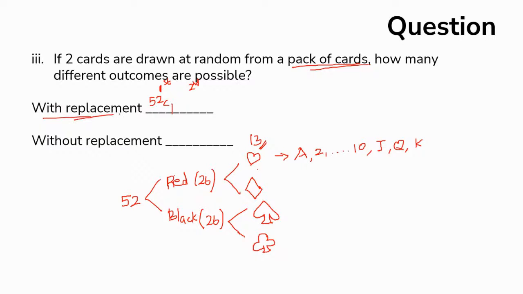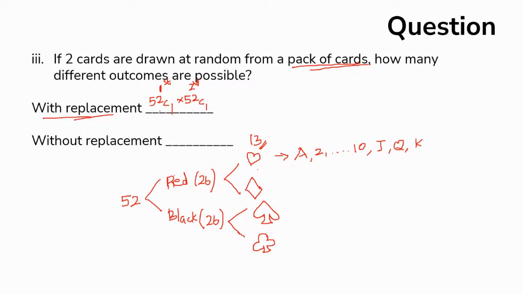With replacement means a card once taken is kept back inside, so for the second round also I have 52 cards and must select one. Selection is done by combination, so it is 52C1 there also.